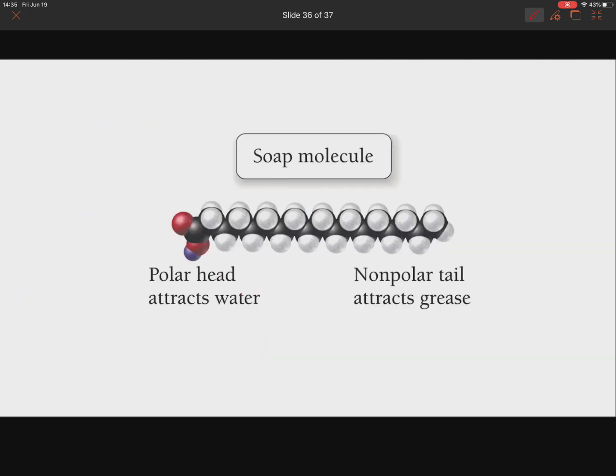Soap molecules are really cool because a soap molecule has a mixture of 2 types of regions. It has a long portion here of nonpolar bonds that acts as the nonpolar side. This is what interacts with grease and all the grime on your dishes and that kind of stuff. And then it's got a polar head.